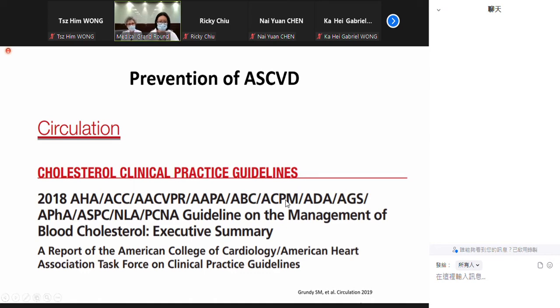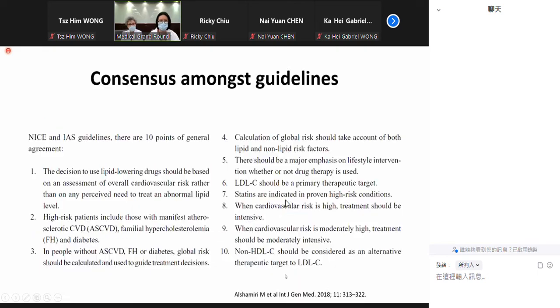This is the 2018 AHA joint guideline on the management of cholesterol, the ACC and Joint AHA Task Force on the guidelines, so you could go and read that in detail. Essentially, there are some controversies between some European versus American guidelines, but in general, I think there are some consensus agreements on general principles about how and when you should be using lipid-lowering drugs.